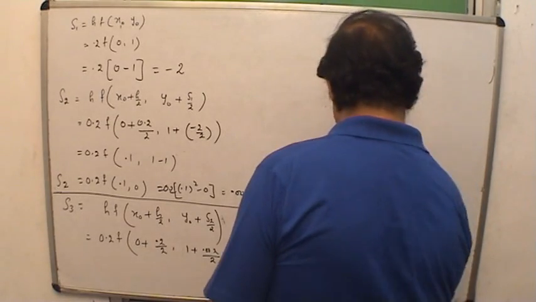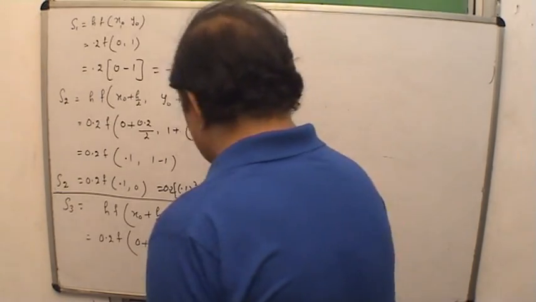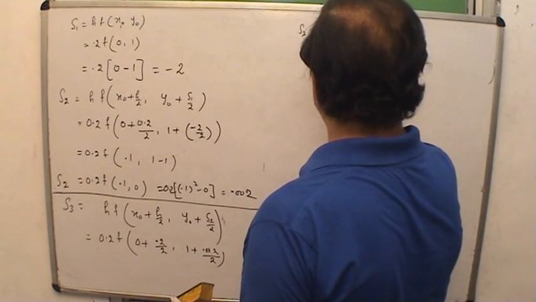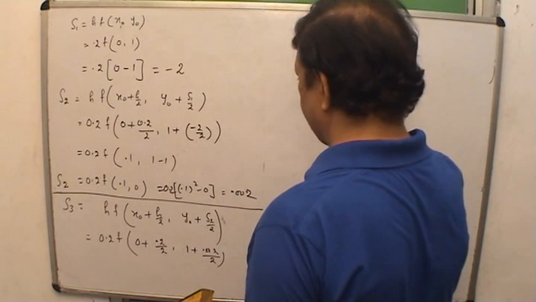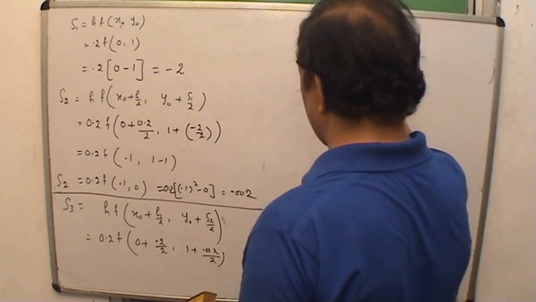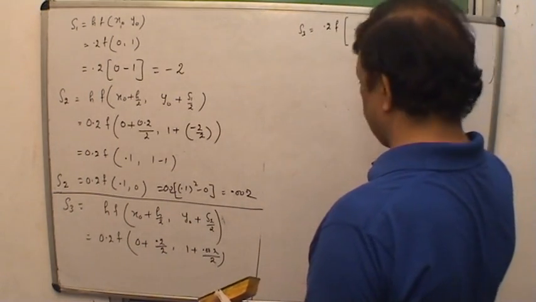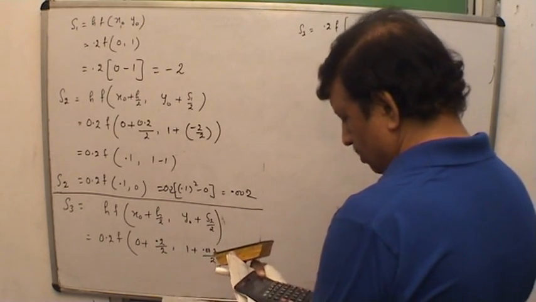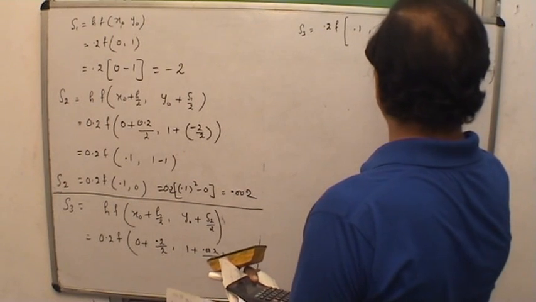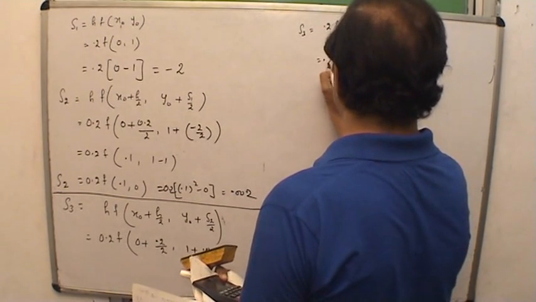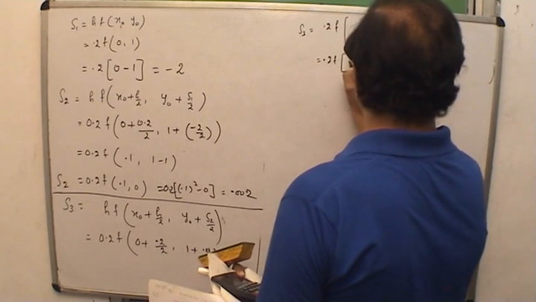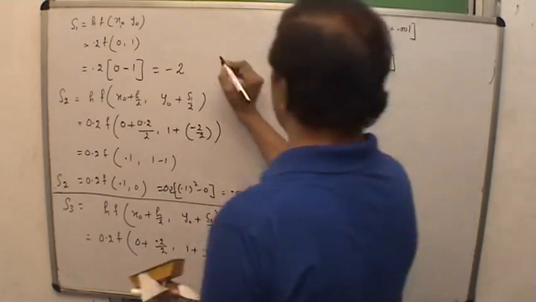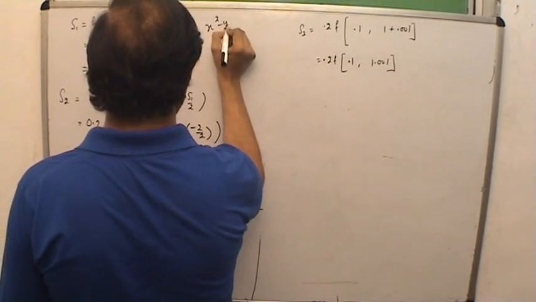S3 is equal to 0.2 into f of 0.1 comma 1 plus 0.001, that is equal to 0.2 into f of 0.1 comma 1.001. Now our function was x squared minus y.